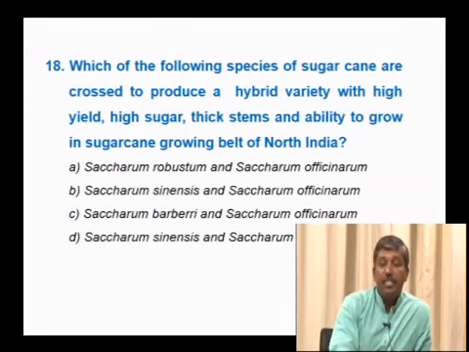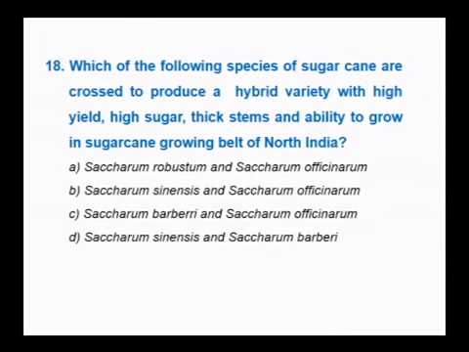So, which of the following species of sugarcane are crossed to produce a hybrid variety with high yield, high sugar, thick stem and ability to grow in the sugarcane growing belt of North India? So, in North India, Saccharum barberi is generally grown. In South India, Saccharum officinarum is grown.